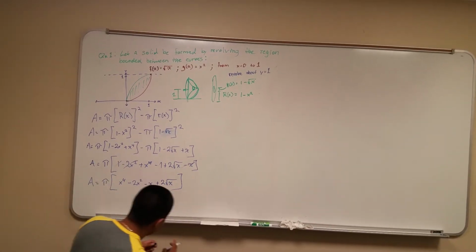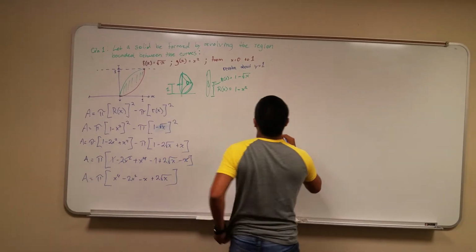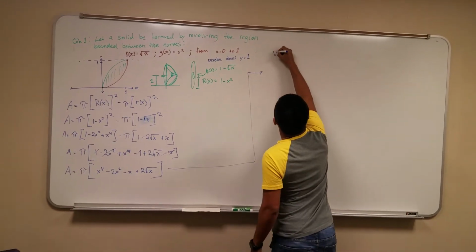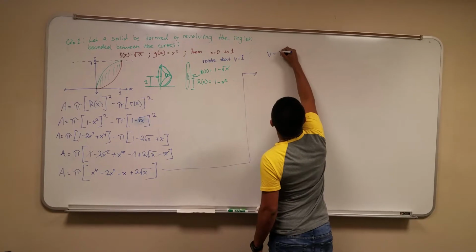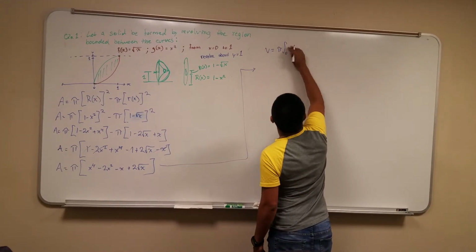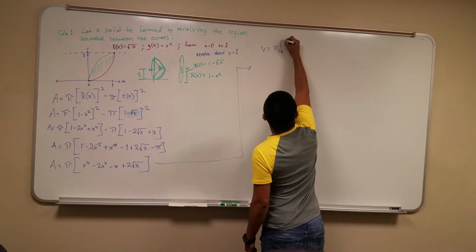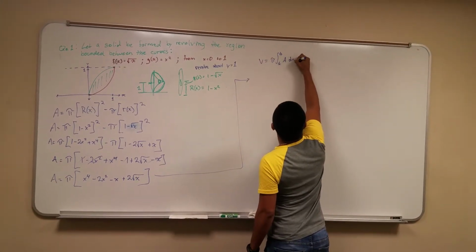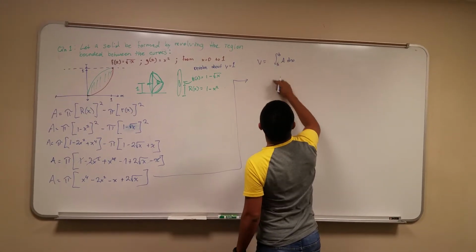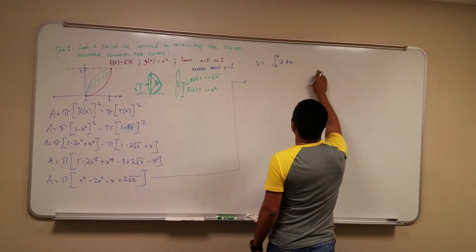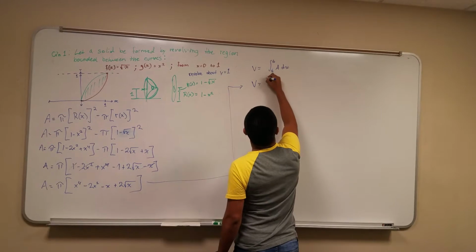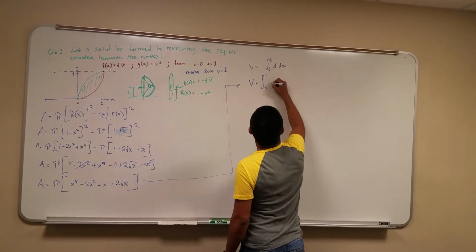And then to find our volume, we know that it's going to be the integral from a to b of our area, dx. So that's our volume. And our volume can be from 0 to 1.